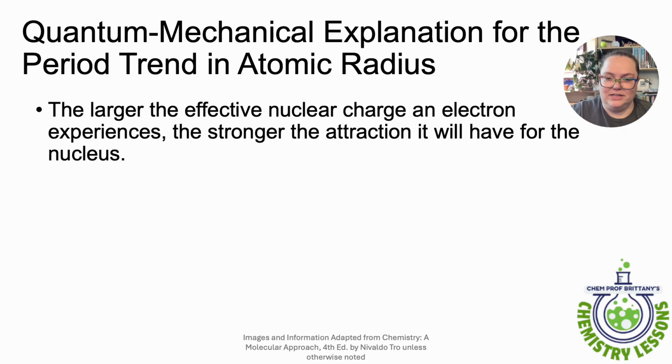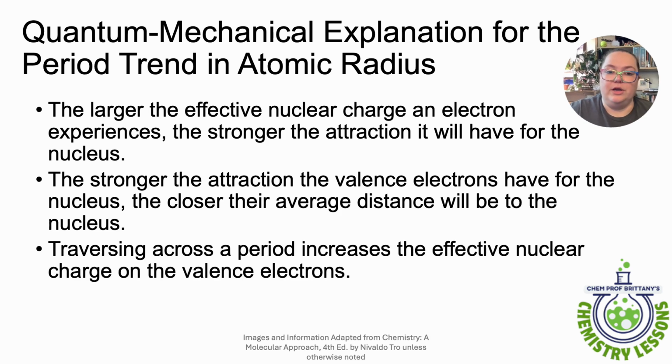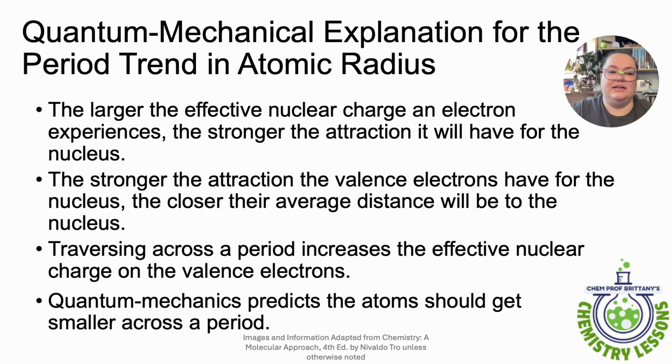I'm adding all valence electrons. So the shielding doesn't change, which means that we're feeling that difference in charge, right? So the stronger the attraction the valence electrons have for the nucleus, the closer their average distance will be. Therefore, going across the period increases the effective nuclear charge, and we should get smaller as we go across the period.